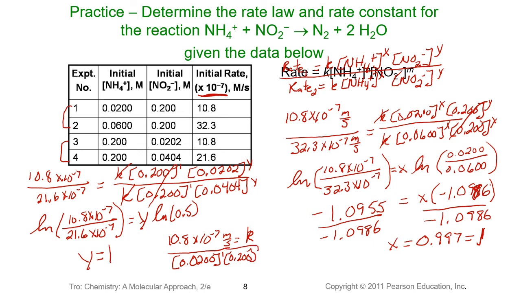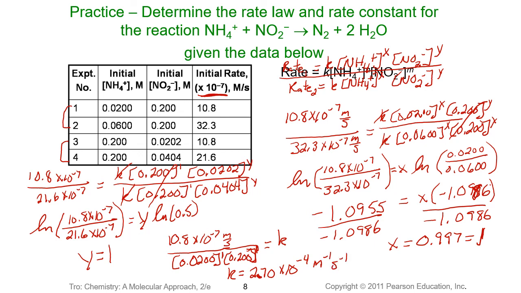Let me move this over just a little bit. And both of our orders are to the first power. And so our k equals 2.70 times 10 to the -4th, molarity to the -1, seconds to the -1.